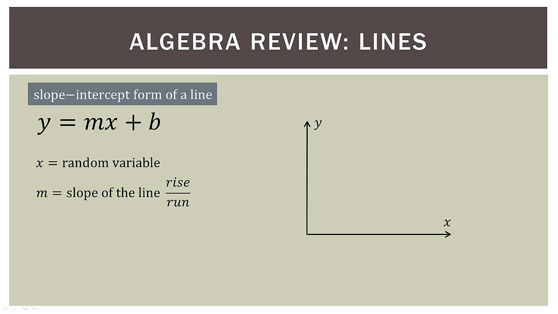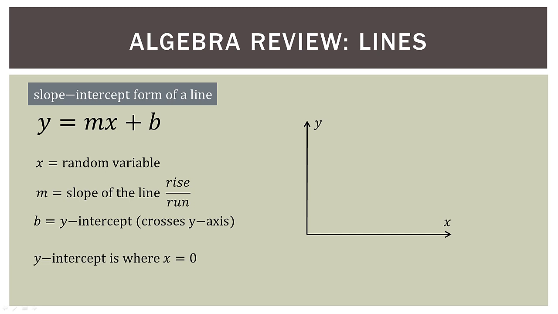You've also probably seen it written as rise over run. But x is the random variable and m is the slope. Now b is the y-intercept. It's where the line crosses the y-axis. So wherever our line is on this graph, wherever it crosses the y-axis, that is our y-intercept.